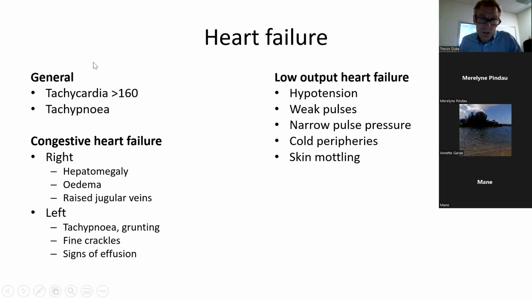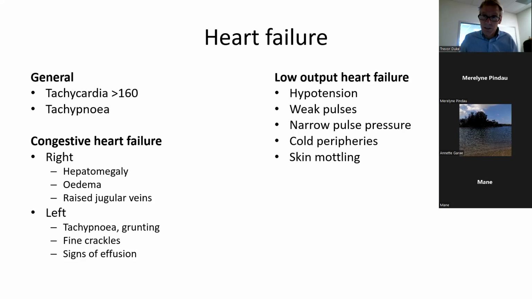So the signs of congestive heart failure could be related to right heart failure, that is, the right ventricle is congested and therefore there's a backflow of blood into the right atrium and the superior and inferior vena cava and all the systemic veins. In that circumstance, when you've got right heart failure, the children have hepatomegaly because they've got a congested liver.